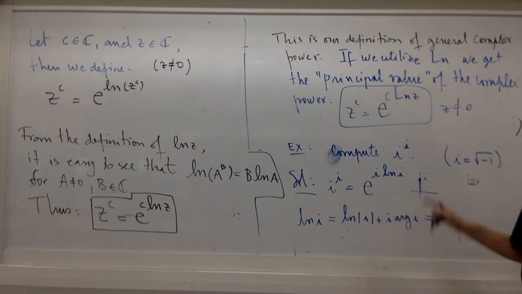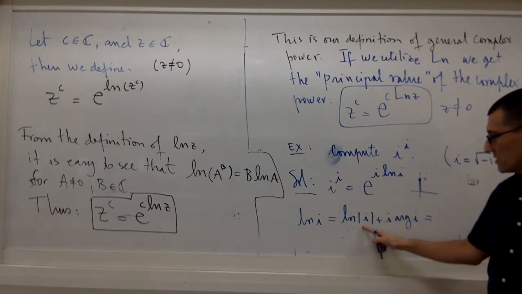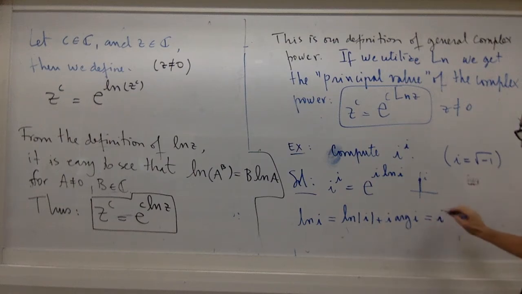The distance to 0 is 1. So the log of 1, you get 0, plus I times, what's the argument of I? It's 90 degrees, so pi over 2 plus or minus 2 n I pi, with n from 0 to infinity. So this is the logarithm of I.